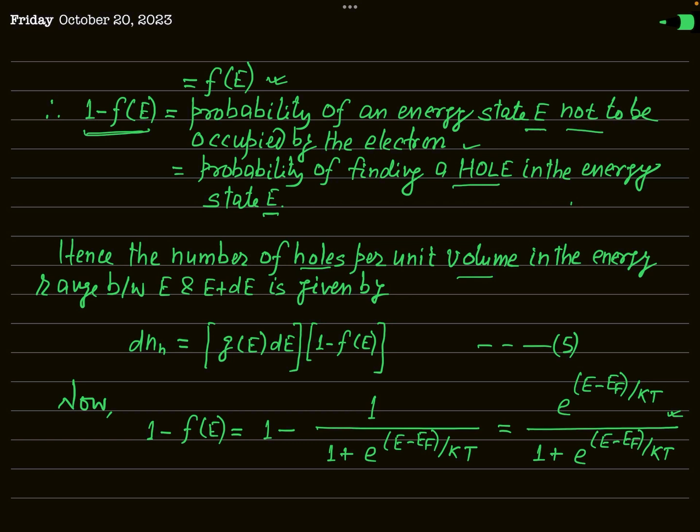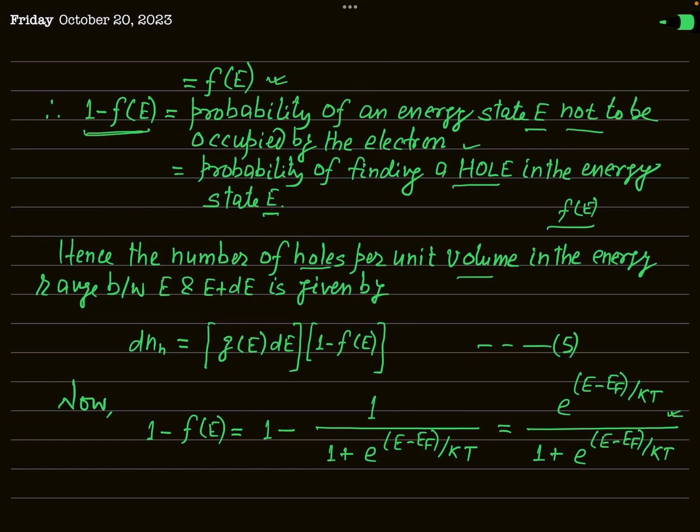So when we will now try to find the concentration of hole, definitely in our calculation, this f of E, which was in the calculation of electron concentration, will be replaced by this 1 minus f of E. This will be the difference.